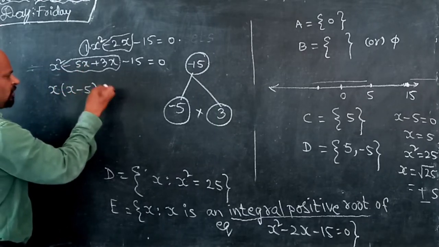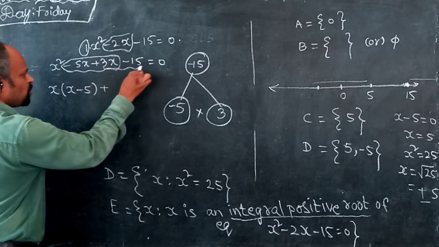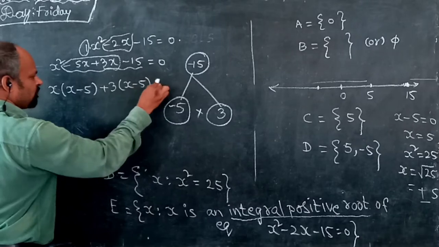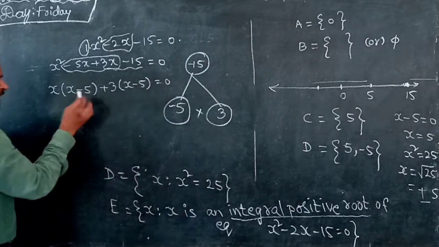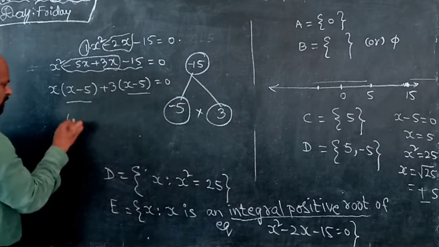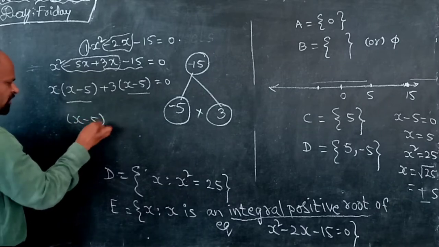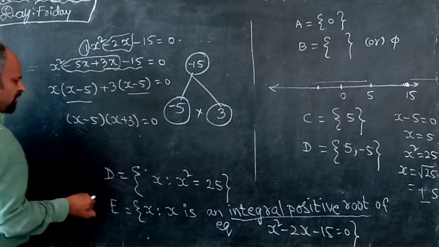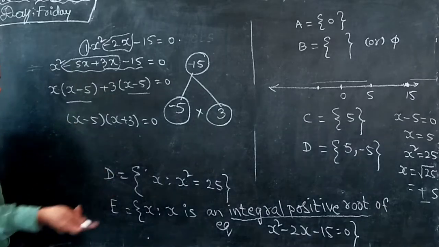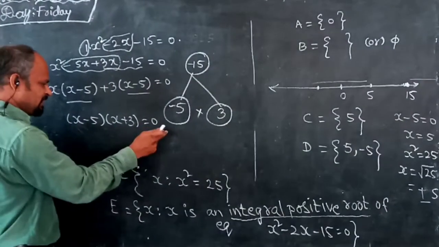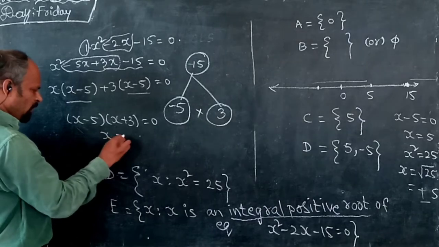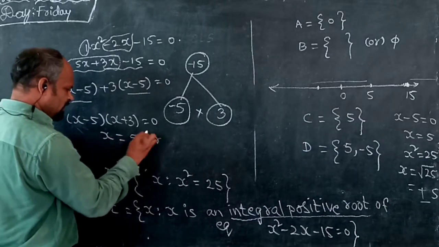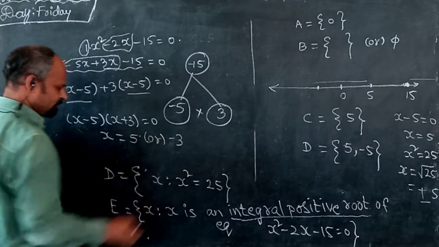From these two terms, if I take 3 common, I get x minus 5. Overall, taking x minus 5 common, I get x minus 5 into x plus 3 is equal to 0. So either x minus 5 is equal to 0 or x plus 3 is equal to 0. Therefore, x is equal to 5 or x is equal to minus 3.